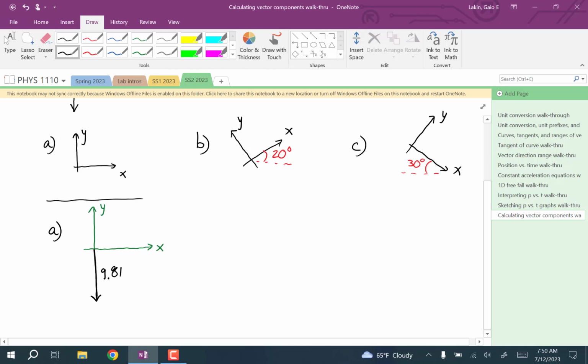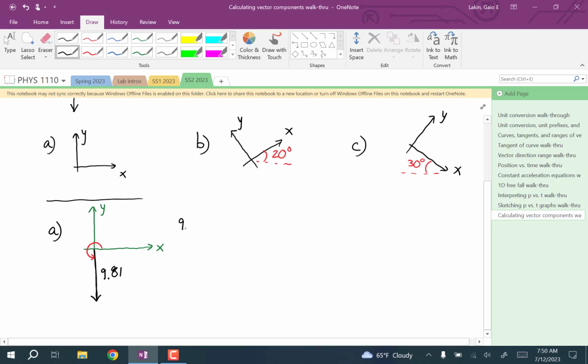And now pause the video and calculate the counterclockwise angle from the x-axis to the vector. Okay, so the angle we want is all the way from this x-axis to the vector. So that's 90 degrees, 180, 270.